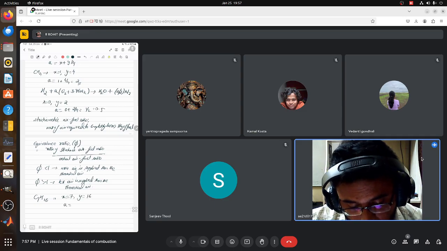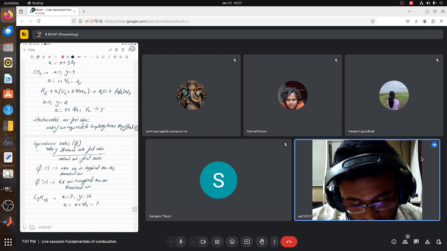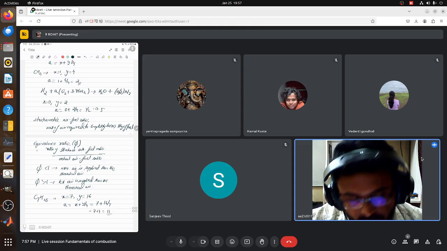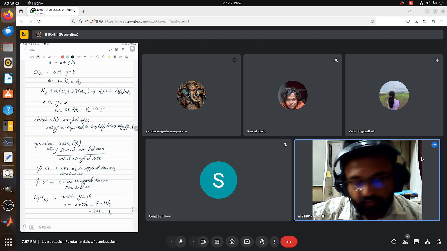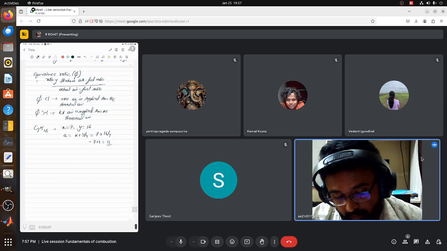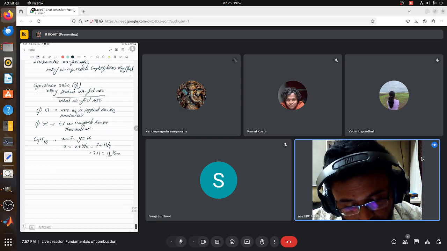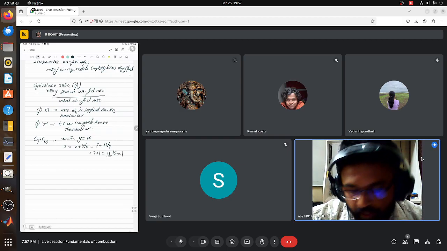The amount of air, that is A, is X plus Y by 4, as we saw. You have 7 plus 16 by 4, which is nothing but 11. So you need 11 kilomoles of air for complete combustion of N-heptane. So 11 kilomoles is required from the theory that you came to know.